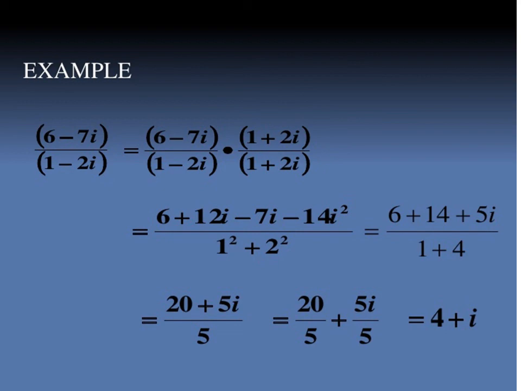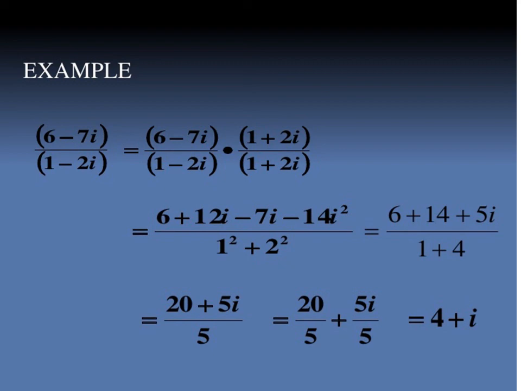Then 6 into 1 is 6, 6 into 2 is 12i, minus 7i into 1 is minus 7i, and minus 7i into 2i is minus 14, i into i becomes i square. I square is equal to minus 1, and minus minus becomes plus 14. So 6 plus 14, and minus 7i plus 12i becomes plus 5i.